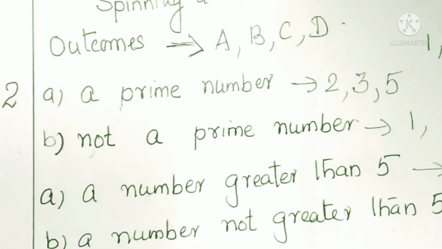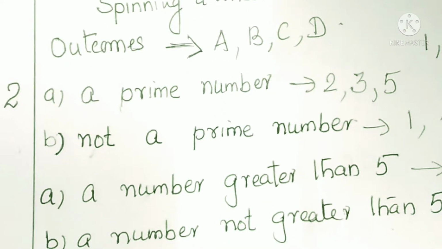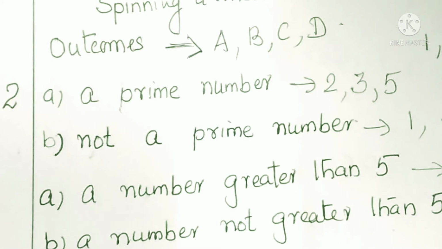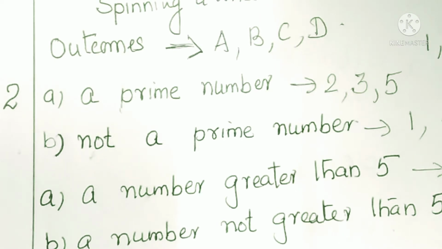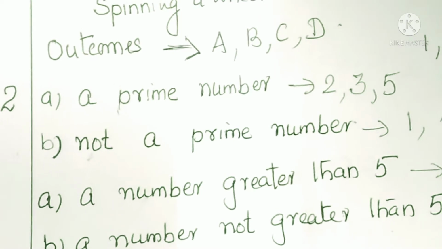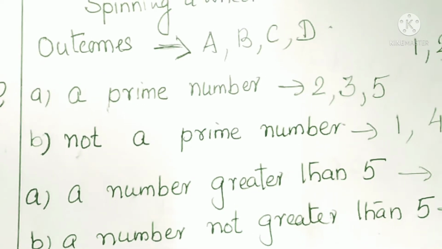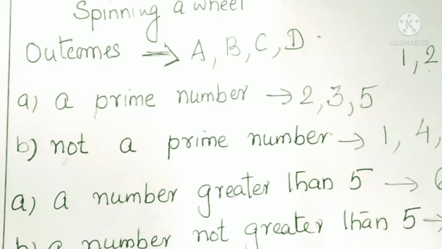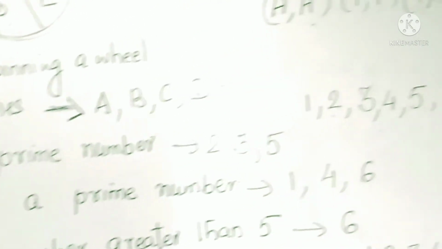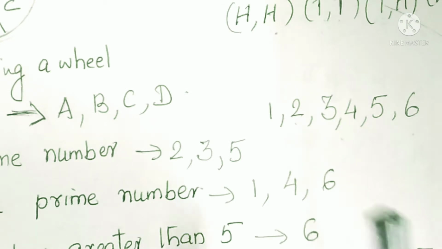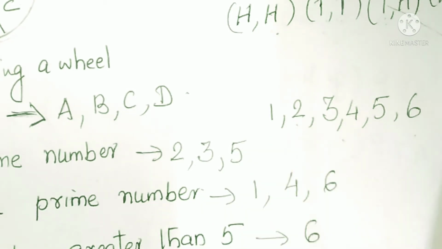Now let us see question number 2. When a die is thrown, list the outcome of an event of getting, and then they have given you different options. Before we write these answers, we should know what are the outcomes that you can have when you throw a die.